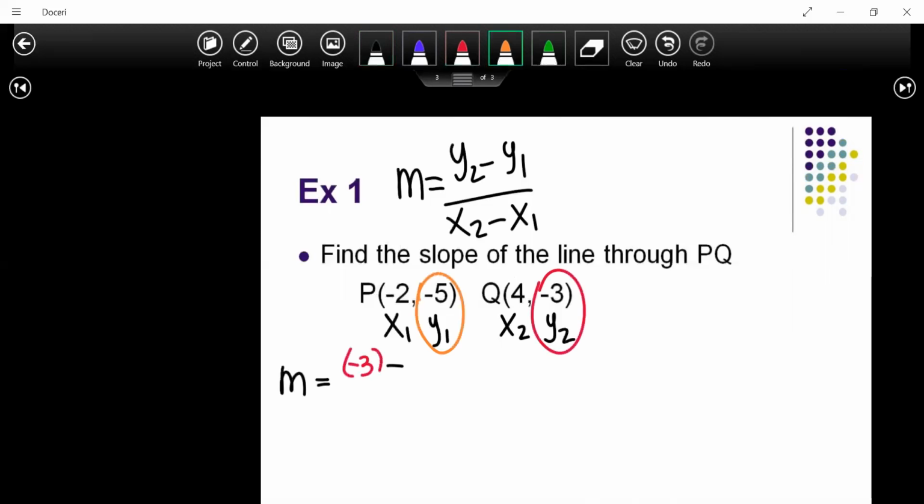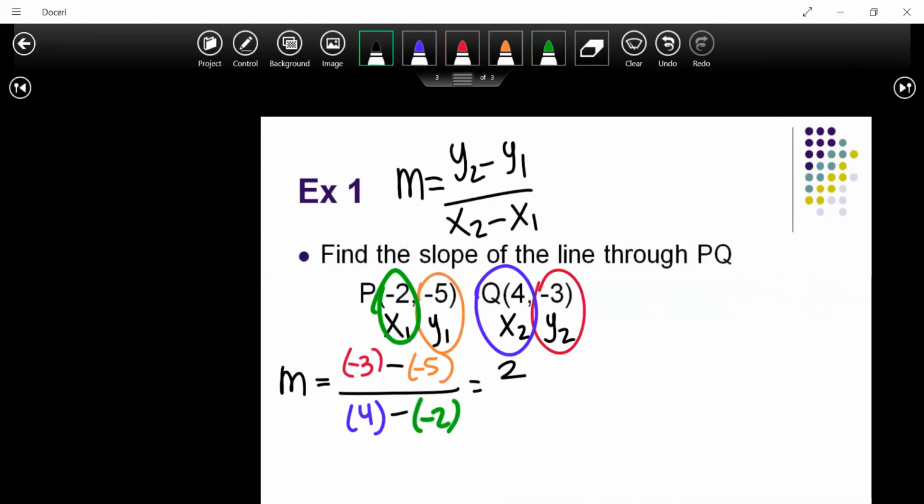My y1 is -5, divided by my x2, which is 4, minus my x1, which is -2. I realize I didn't put the subtraction sign. -3 minus -5 is keep, change, flip to a +2. And for the bottom, keep, change, flip to get 6. We can reduce this down to 1/3.